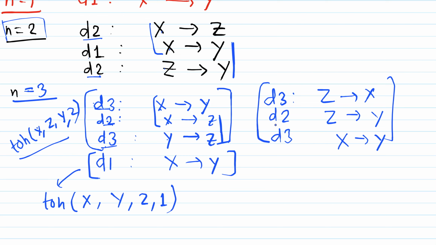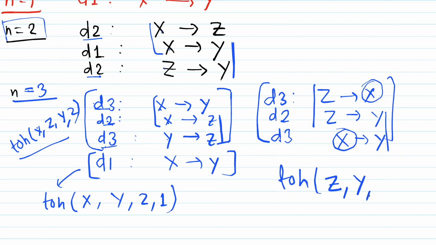You will notice that first and third are same. Middle one is different. Then these two are same. These two are same. And this is same as this. So this is also TOH. Here we are moving from Z to Y using X and again two disks.